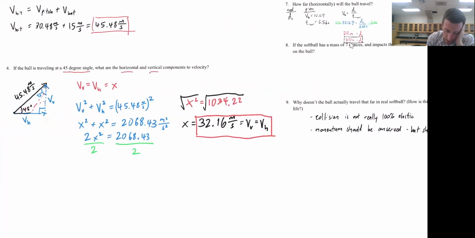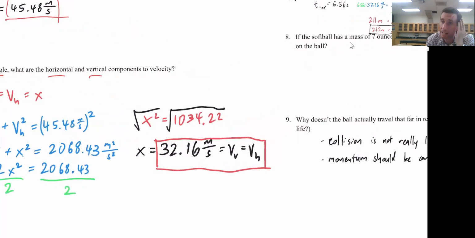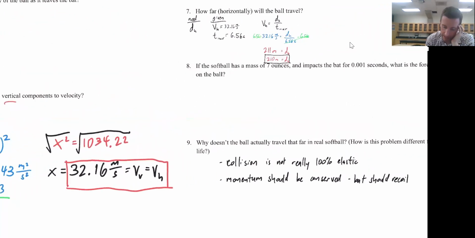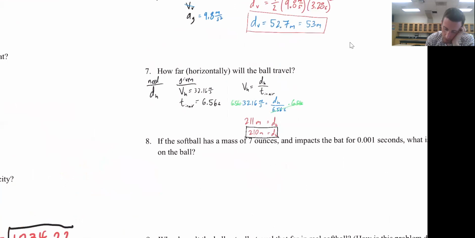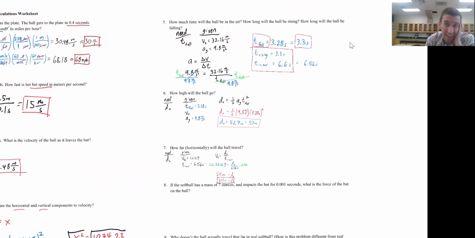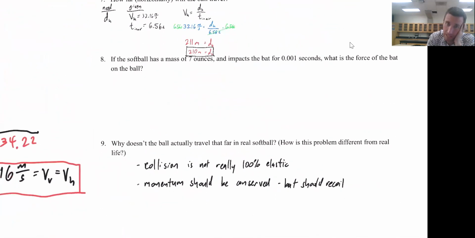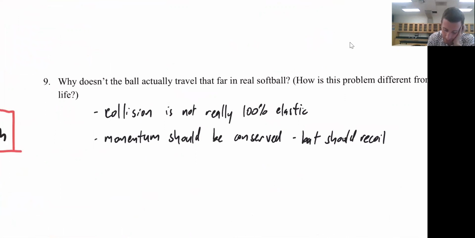Then we had a 45-degree exit angle. That is possible, that's definitely feasible. But there's a big factor getting in the way that we are not including, and that is air resistance.